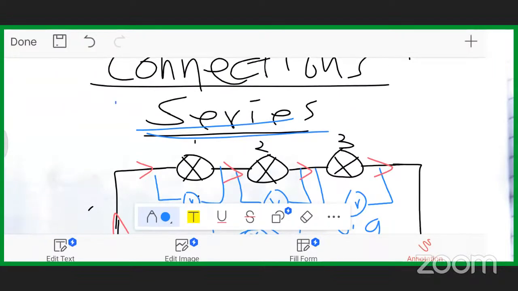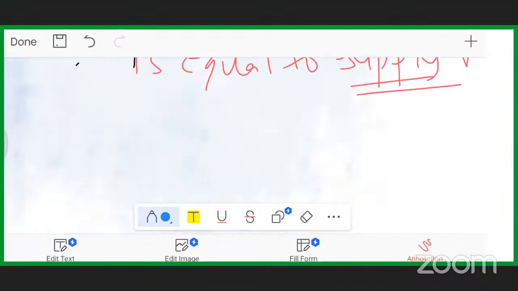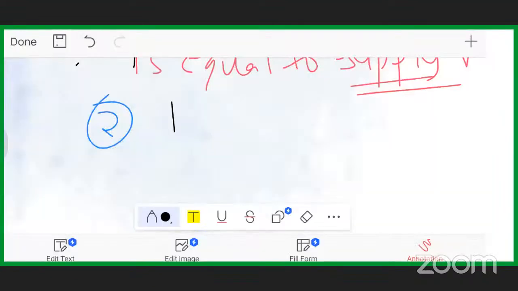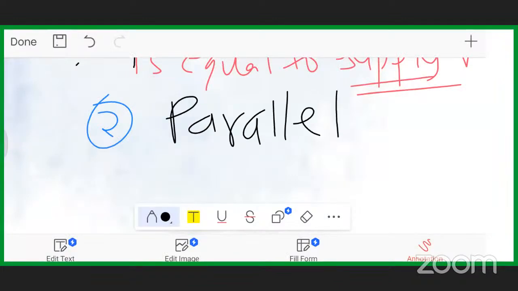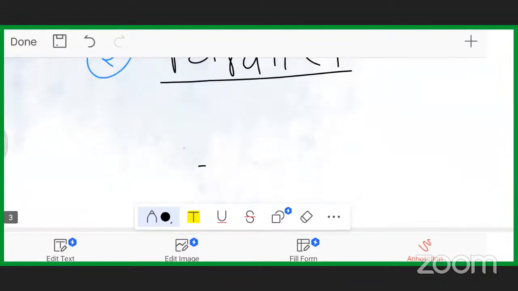Now, that is something you can note somewhere. Then number two, now I want us to connect our devices in parallel, like for example, our bulbs. In parallel means that all of their heads are together, and the tails are together. So in terms of a diagram, it will look like this.